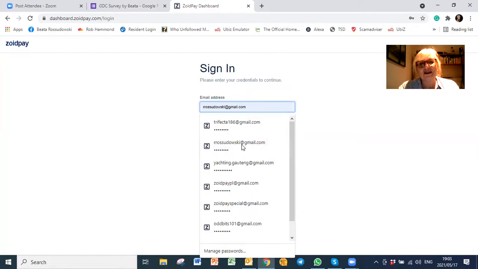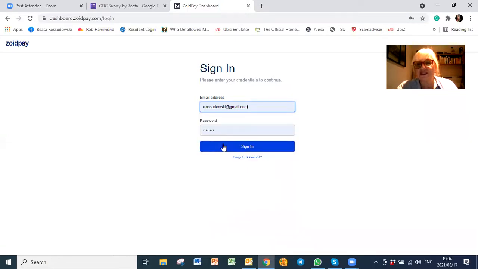I'm going to be showing you the account. Once again, it's my personal information that you're going to be seeing, so don't get overexcited. When you register, when you were first joining ZoidPay, you were opening your account.